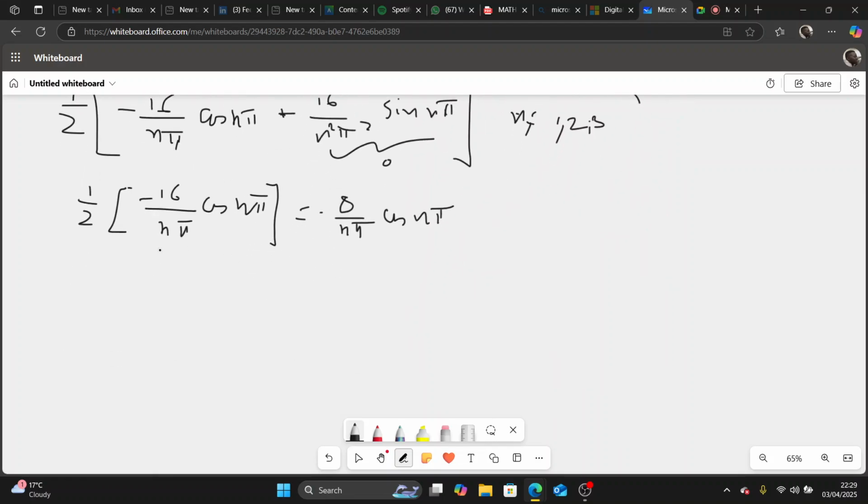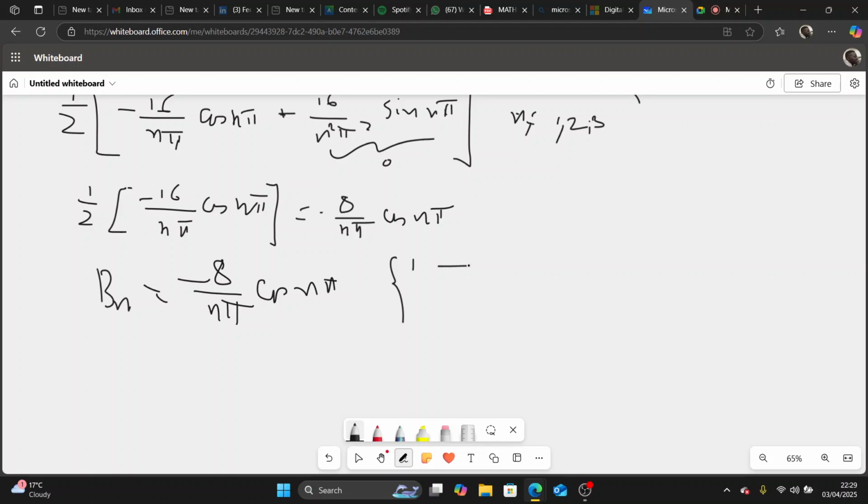After here, this is what you have as your bn value: minus 8 over n pi multiplied by cos n pi. From here, you're simply checking for even and odd number. What do you get as answer? Is it a negative or positive? When you put 1, you can always check with 1.